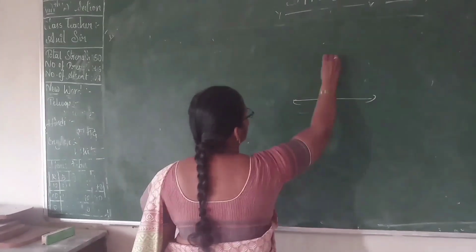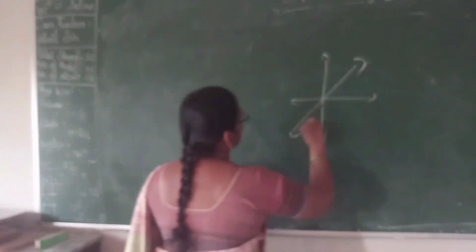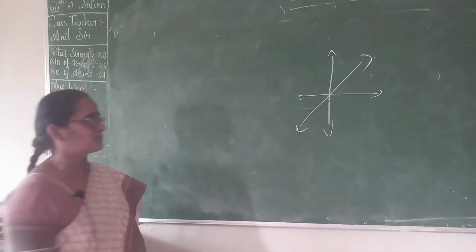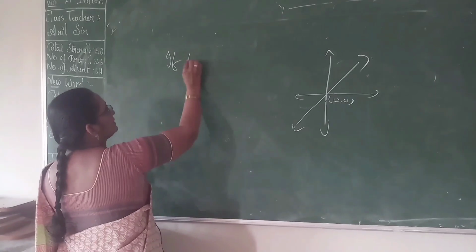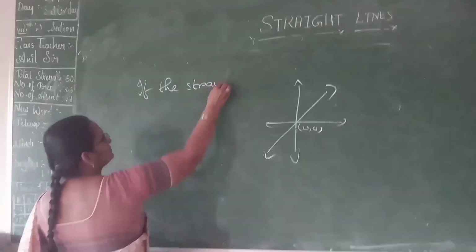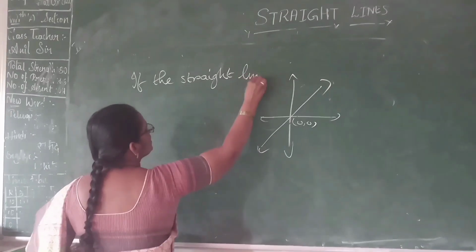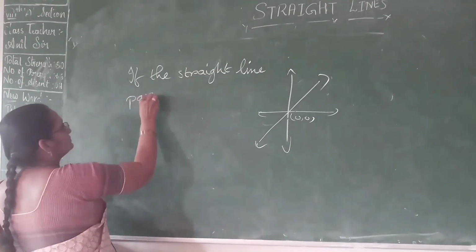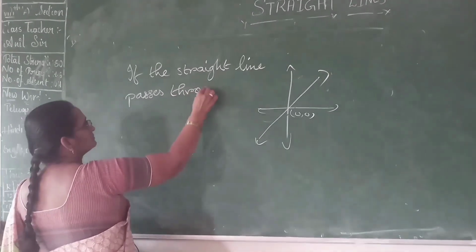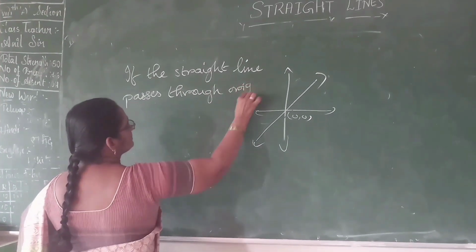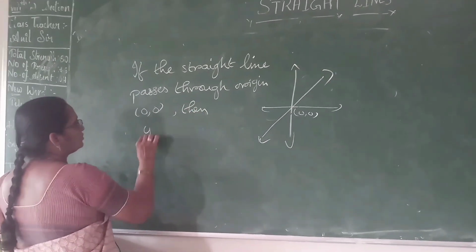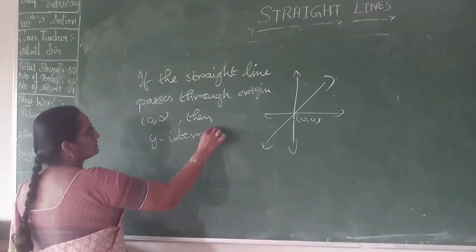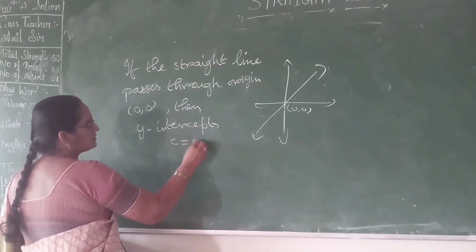Suppose the straight line passes through the origin, there will be no y-intercept. It is passing through this 0, 0. If the straight line passes through the origin, origin means 0, 0, then y-intercept c is equal to 0.